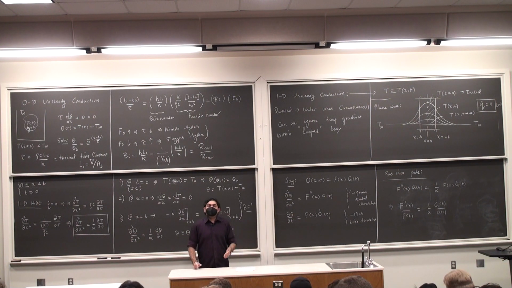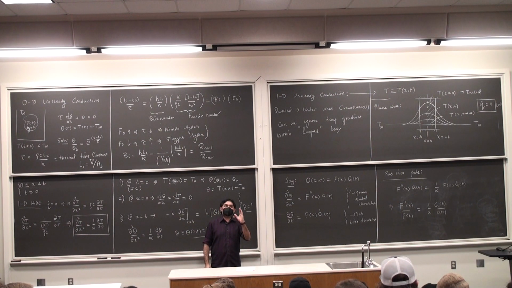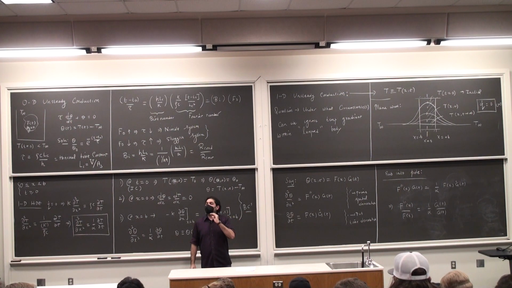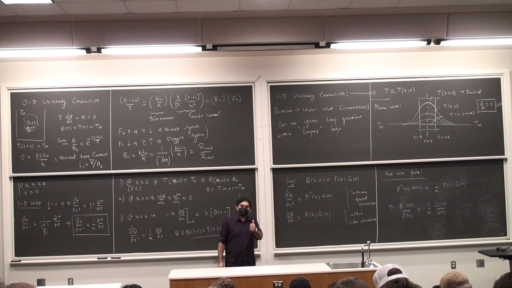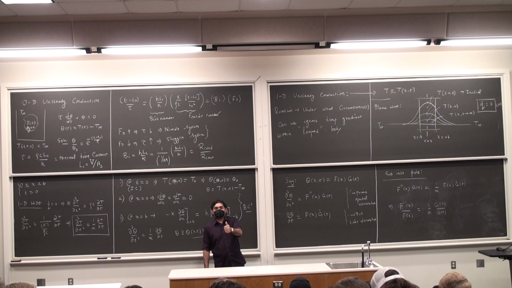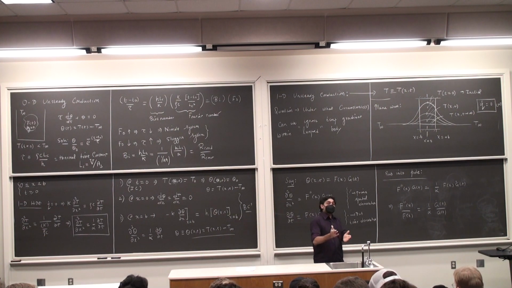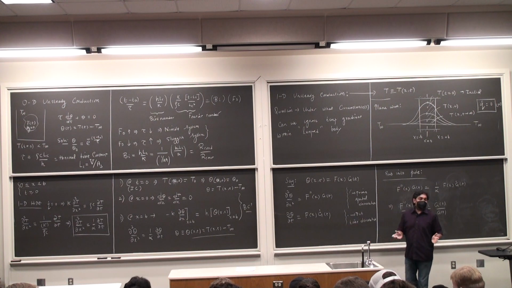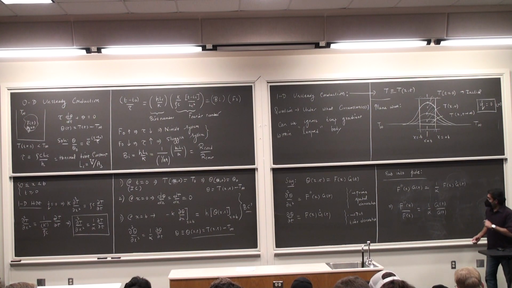And if this has to be true, then it implies that the ratio of these two quantities that you're seeing on the left hand side has to be equal to a constant. Okay, f is a function of x, g is a function of t.